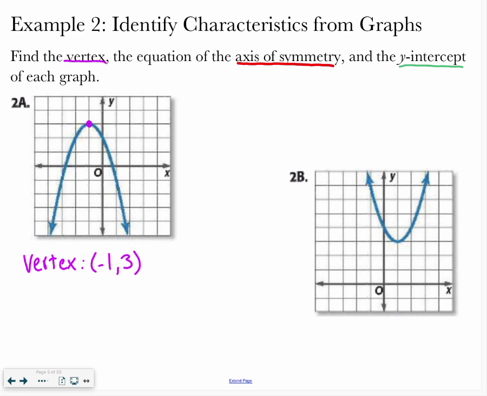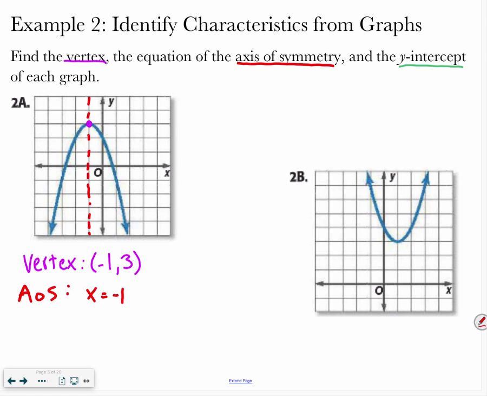Then the axis of symmetry, you'll see me abbreviate it to AOS, axis of symmetry, is going to be where I have a vertical line, so I know that equation is going to be x equals -1.